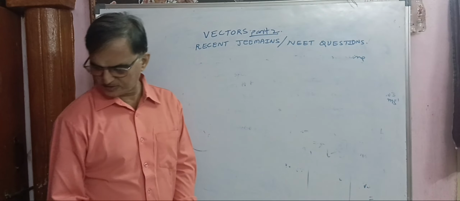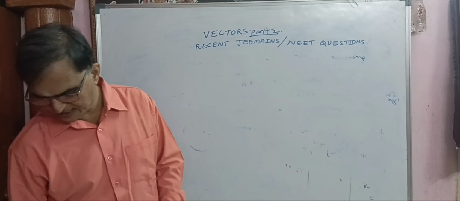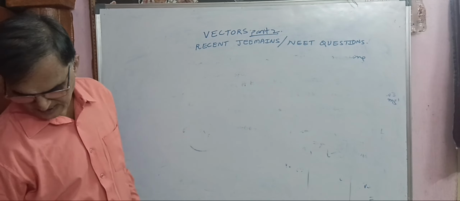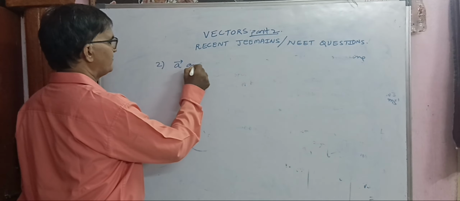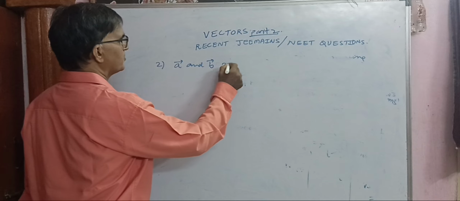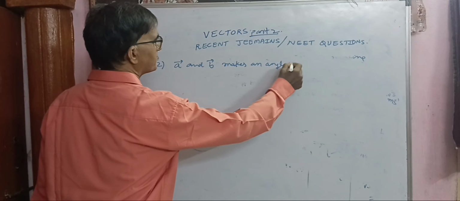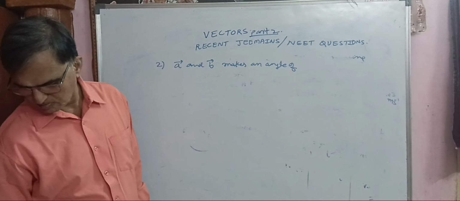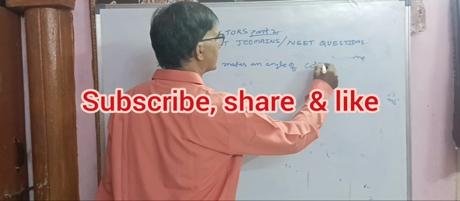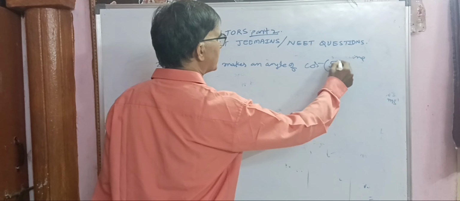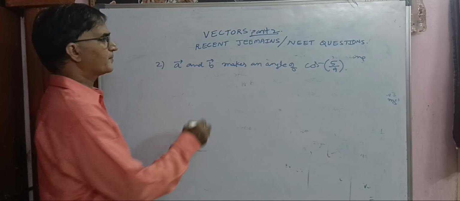Here is another question, the second problem. Vector A and vector B make an angle of cos inverse 5 by 9 with each other.